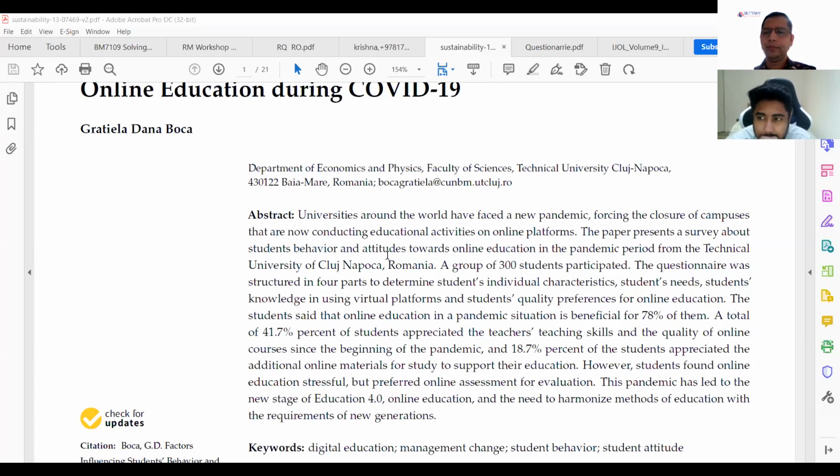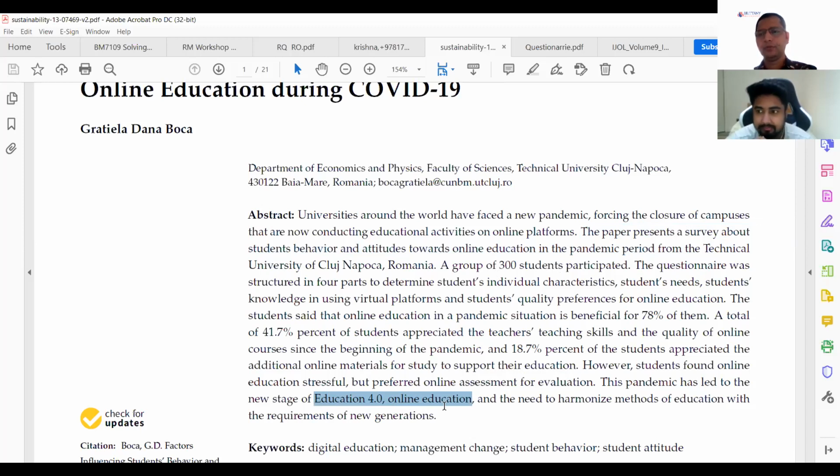So the main problem or the gap, you see here, this paper presents a survey about the attitude and behavior towards online education. This is the main gap, right? And also the implementation of digital education, which is education 4.0. This is the two gaps in this study.